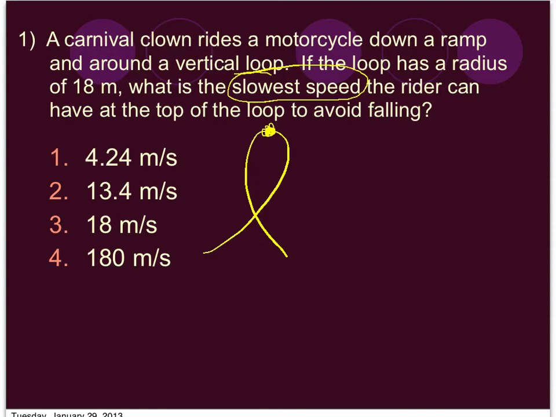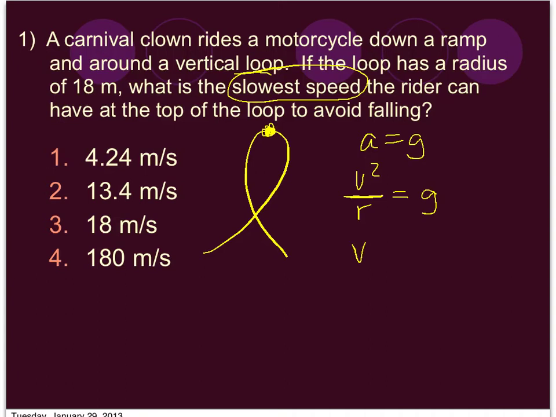Now, very similar to what we just did in the last problem, you can make the assumption that at that point, a has to be equal to g. If it's any less than g, then gravity is going to take over, and that clown is going to fall straight down. So just like in the last problem, we can substitute in v squared over r is equal to g.